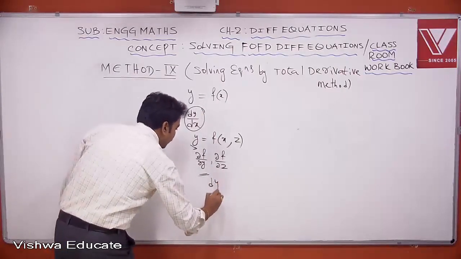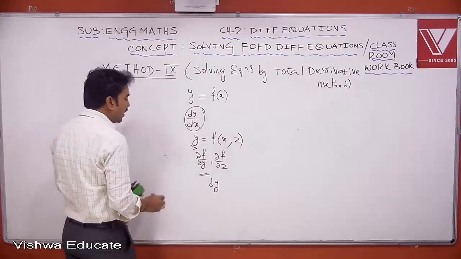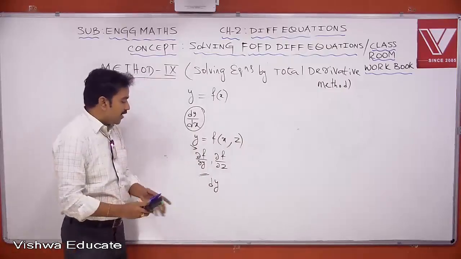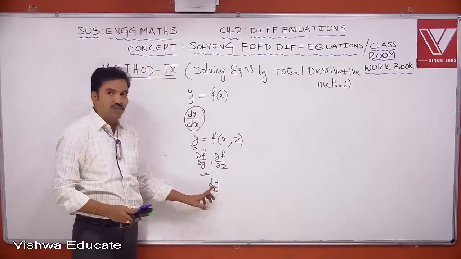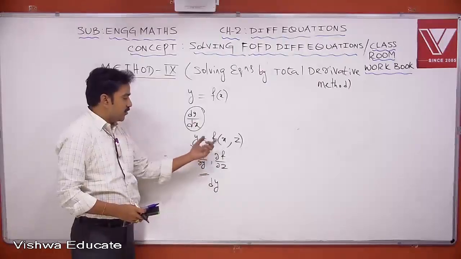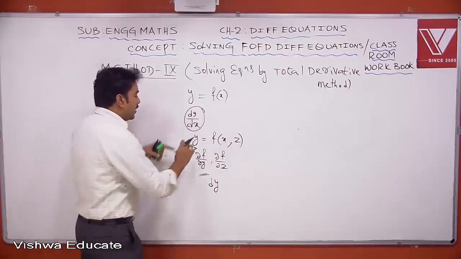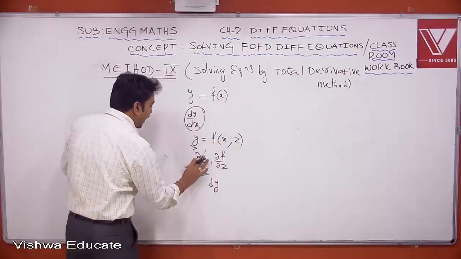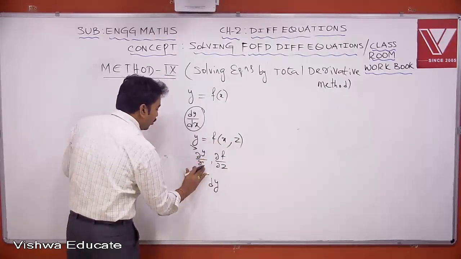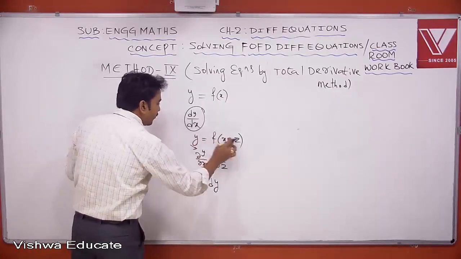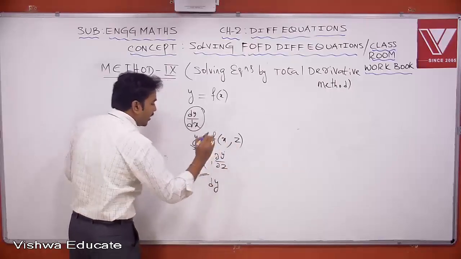Suppose I write dy, for example. In this case, dy is nothing but the change in y. Here, y is a function of x comma z, then I can discuss ∂y by ∂x and ∂y by ∂z.